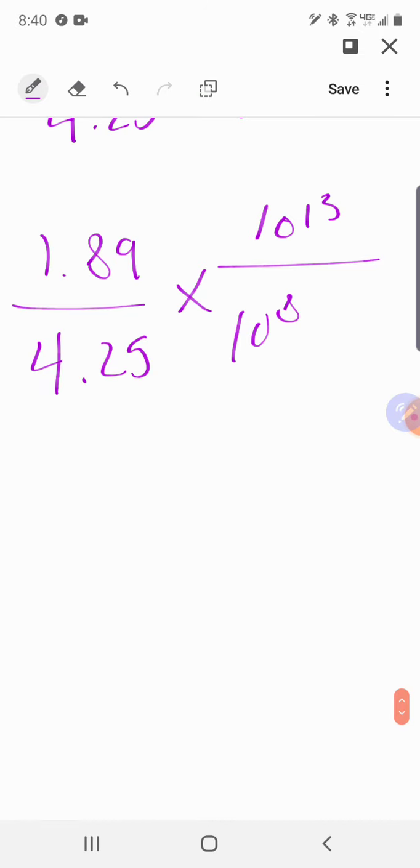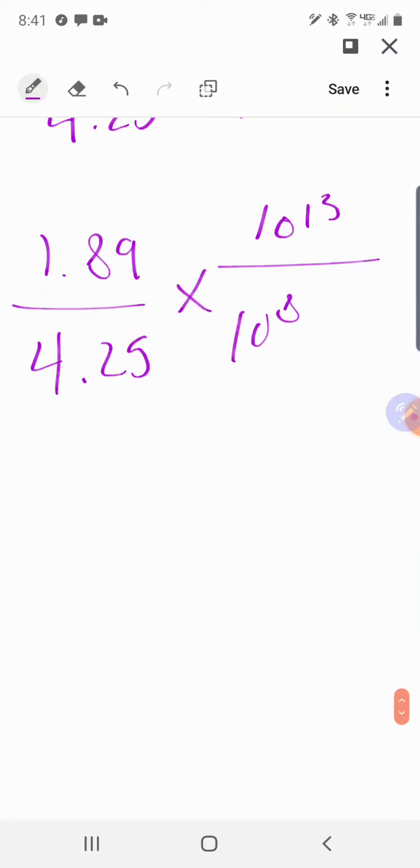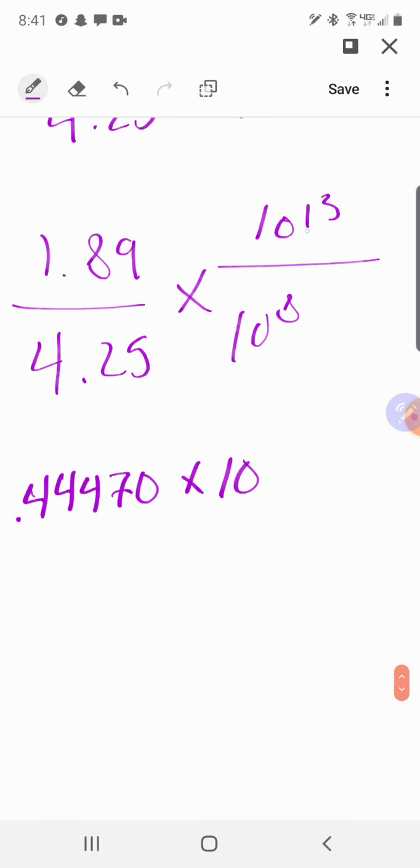So in the calculator, I'm going to put 1.89 divided by 4.25, and we get this long decimal answer of 4.44470, and I'm going to stop right there. All right? And then the next thing we got to do is times. Our base stays the same at 10 and 13.